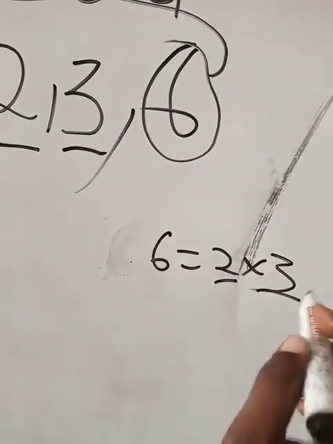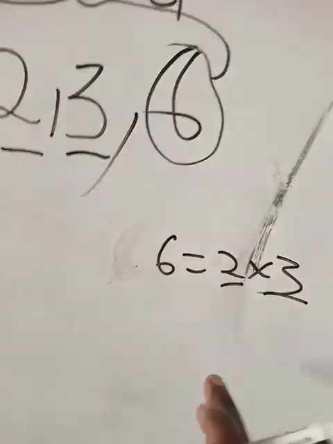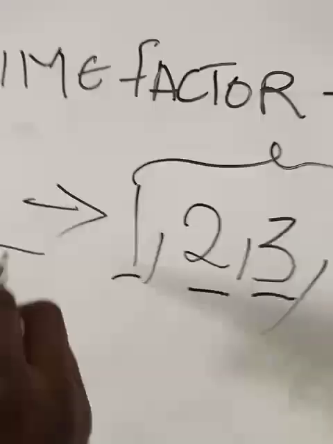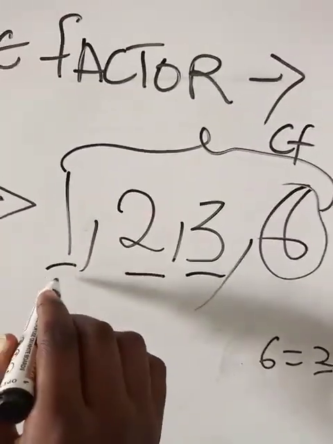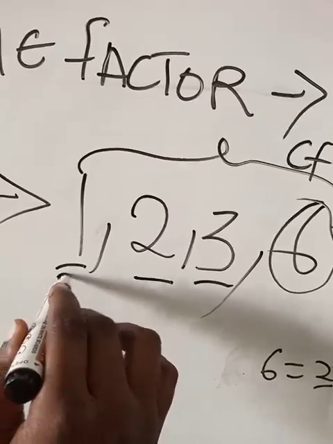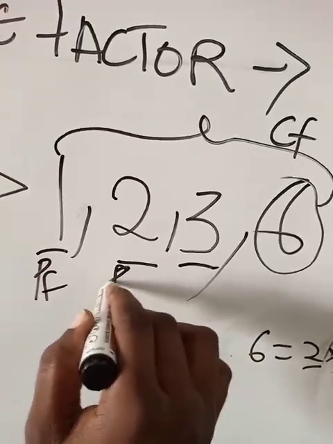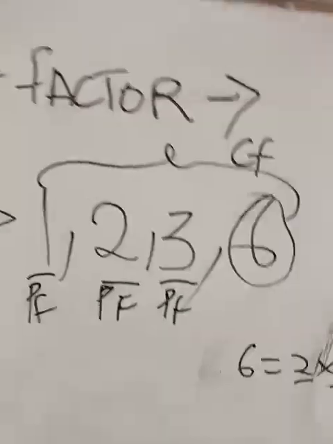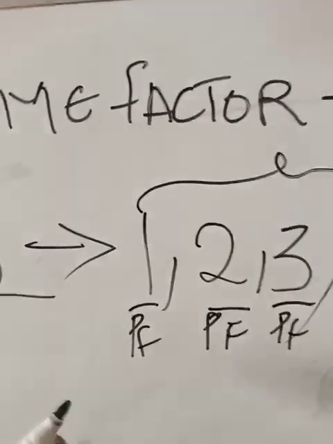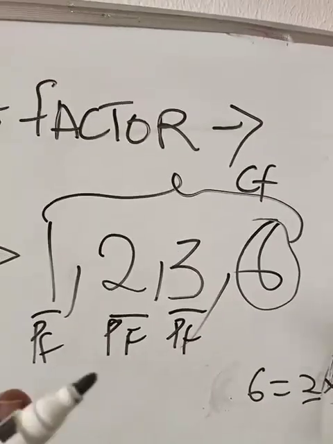Though those are prime numbers, that's what you get when you factor 6. So the prime factors of 6 will be 1, 2, and 3. When you understand it this way, you won't get much more confused.